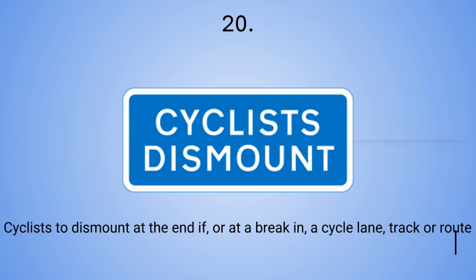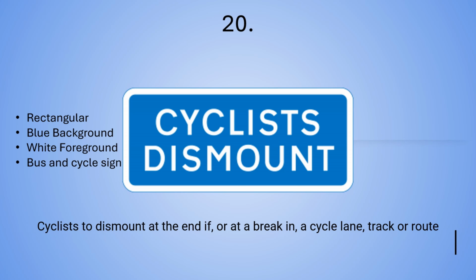Sign number 20 means cyclists to dismount at the end or at the break in a cycle lane, track or route. This sign is also rectangular on a blue background, and it has a white foreground, and it's used for buses and cycles.